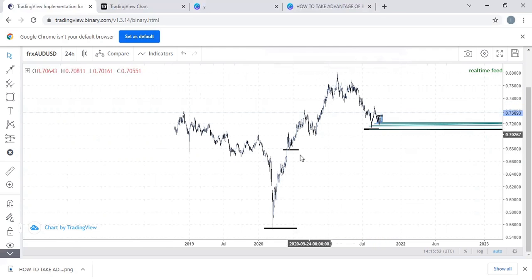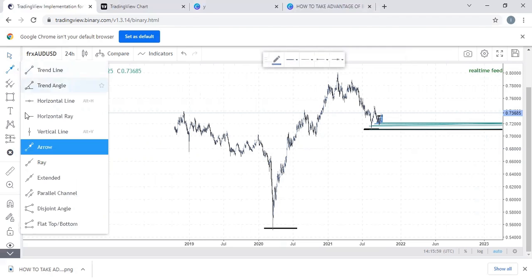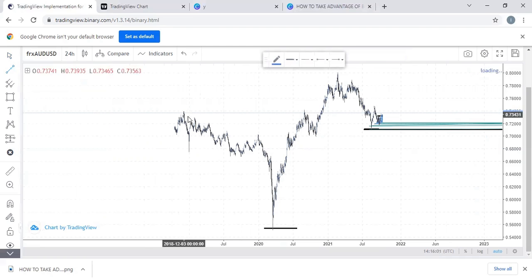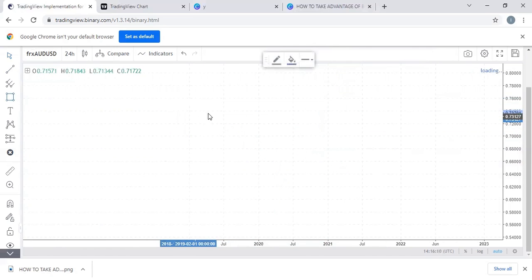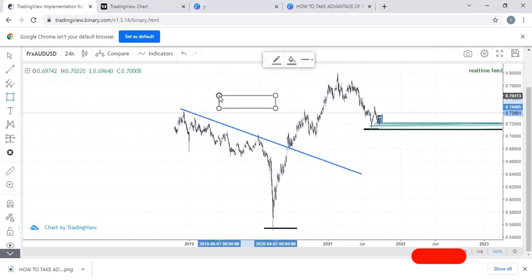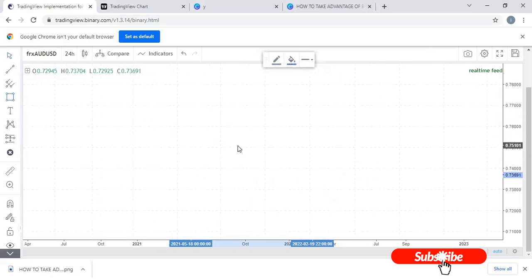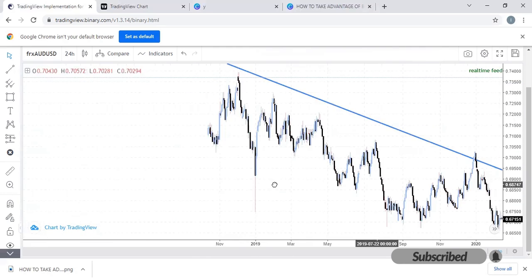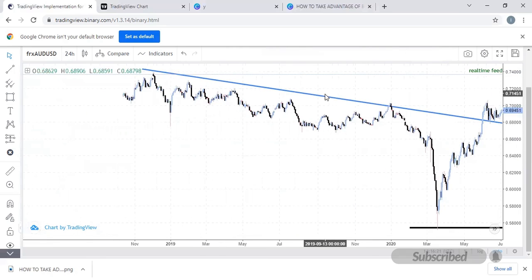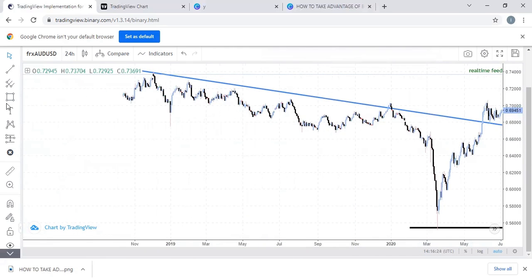So we've established the fact that we were in a downtrend initially, which was this region here. Now you can see that price was creating a series of lower highs and lower lows in the market.